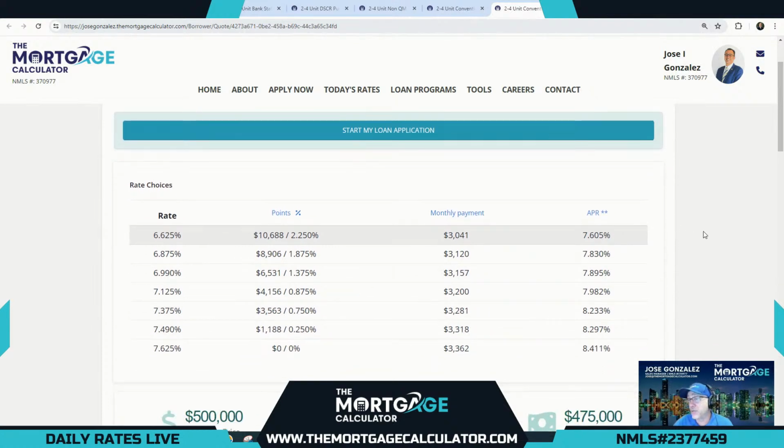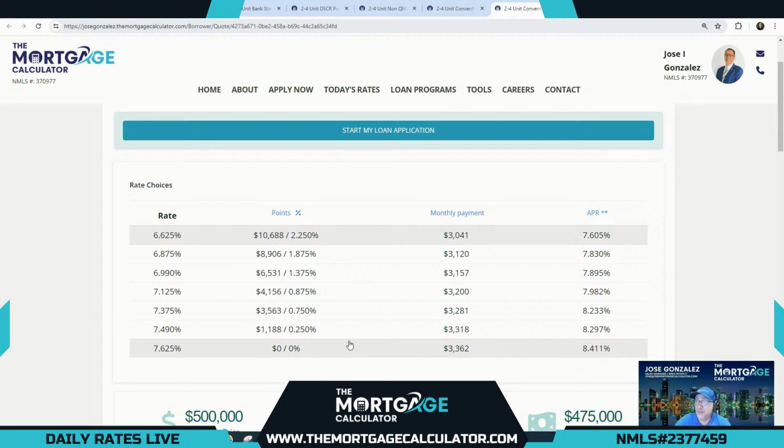And they did that to try to alleviate the housing crunch out there, right? We know there's a lot of borrowers looking for primary homes. They just can't find it, obviously, preferably with the low down payment. So Fannie and Freddie opened up the 2 to 4 unit property with only 5% down. So 7.625 is at par, which is our lowest cost option. And you can buy that down to 6.625%.